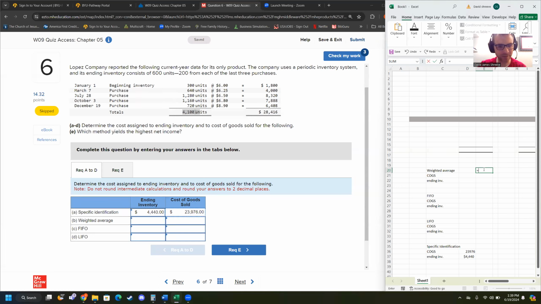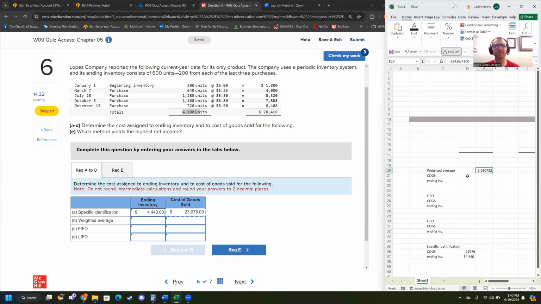We'll do it if I do it over here. 28,416 divided by 4,100. Okay, so I'm guessing that's it. I don't know what this cell is thinking over here. That's our weighted average. So basically 693.